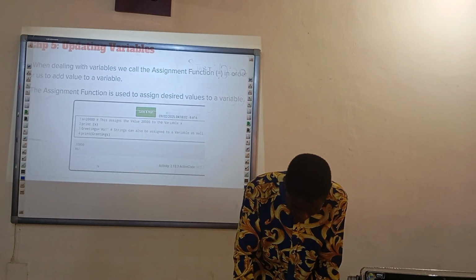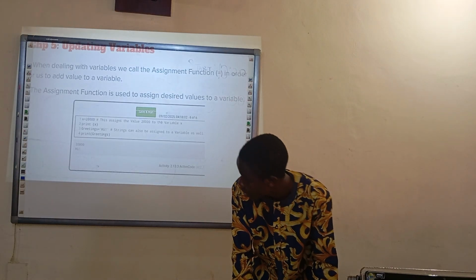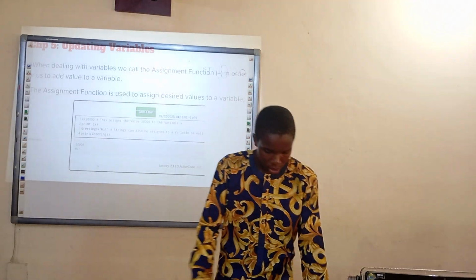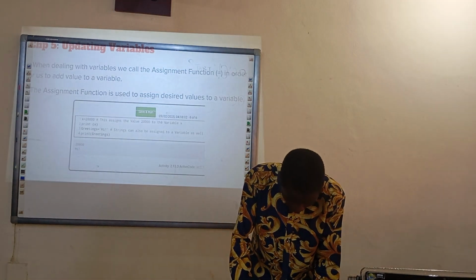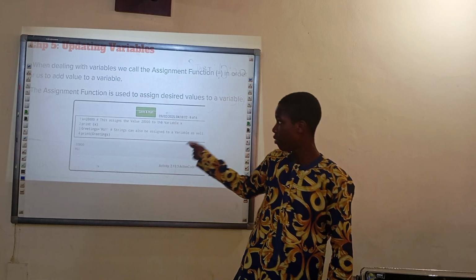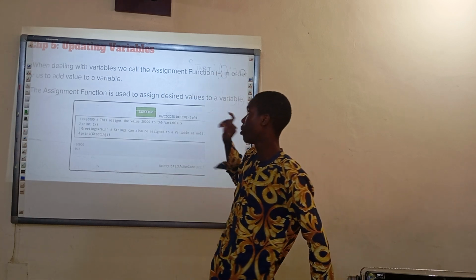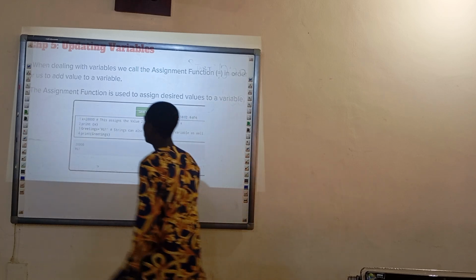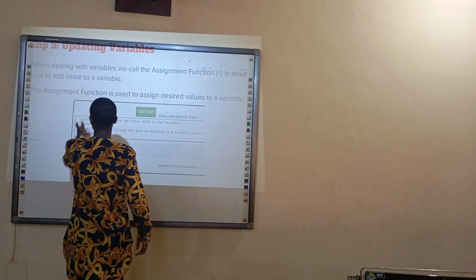Just as values can be assigned to variables, they can be updated as we continue to write lines of code. So the assignment operator is what operating variables is going to talk about. In assigning values to variables, we use the assignment operator, this equal to sign here.